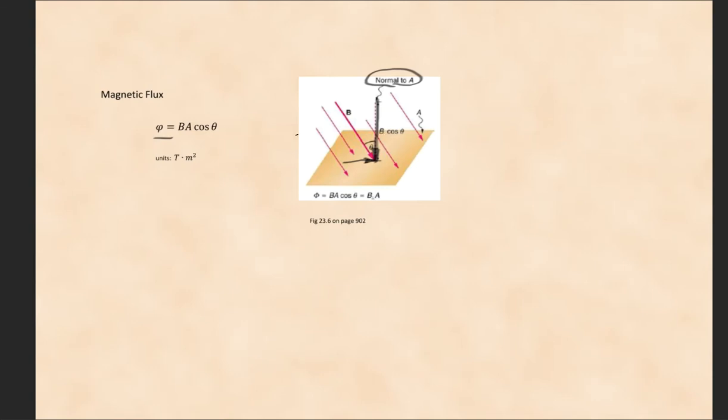And so B cosine theta, we could also look at this as the magnetic field component that's perpendicular to the area. The one that's parallel to the area does not contribute to the flux because it's not going through the area, but the perpendicular magnetic field does go through the area.